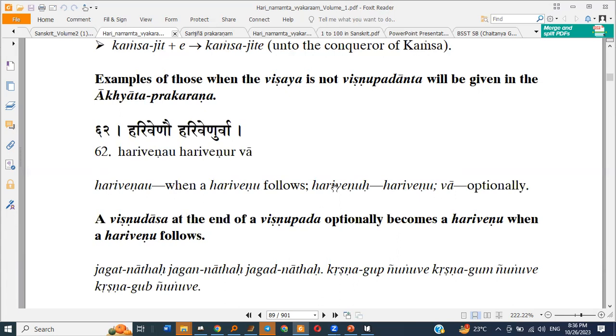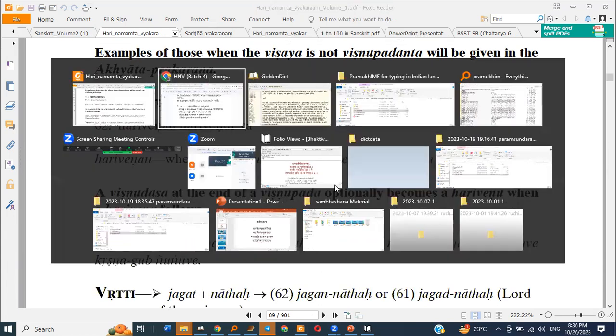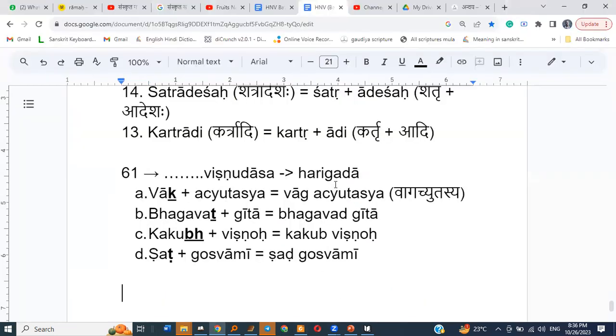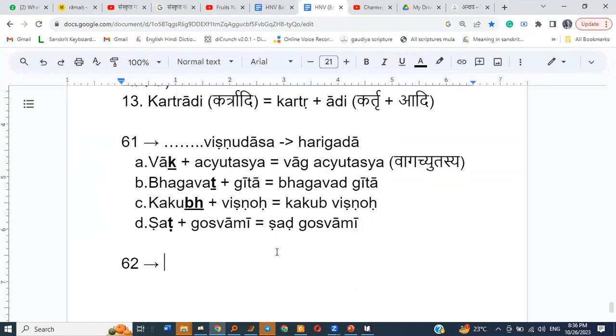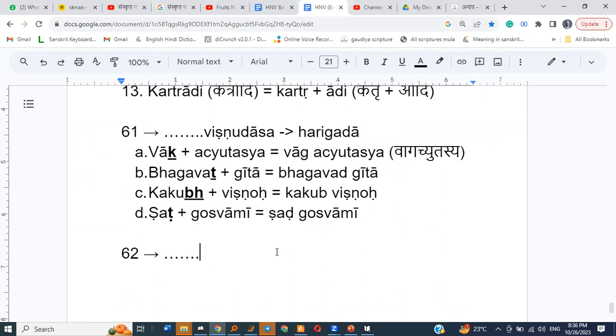So this is kind of an extensional sutra for the previous one. This sutra says that if there is a word at the end of which there is a Vishnu Dasa, like previously it was there.